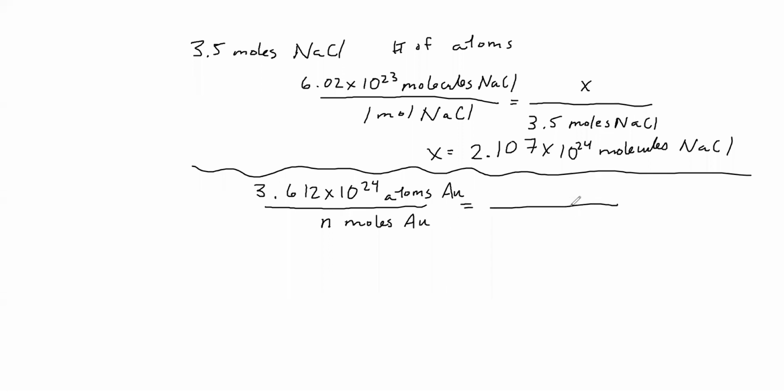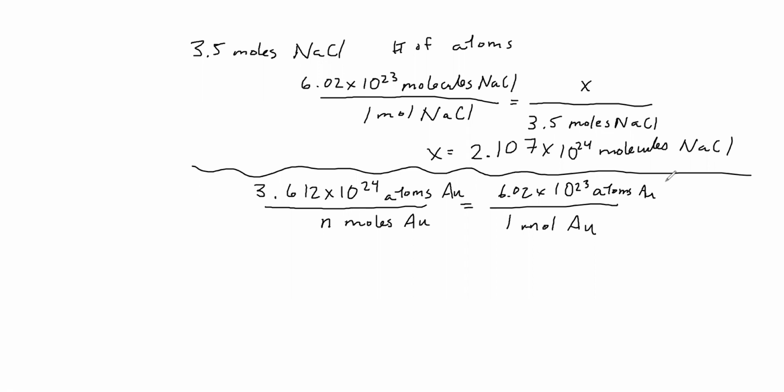But what I do know is that 1 mole of gold will always represent, again, this same number, 6.02 times 10 to the 23 atoms of gold. And when I go to do a cross multiplication of this, let's punch this into the calculator to see what this gives me.